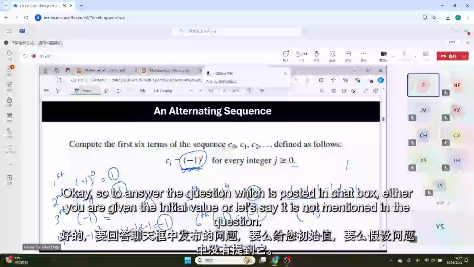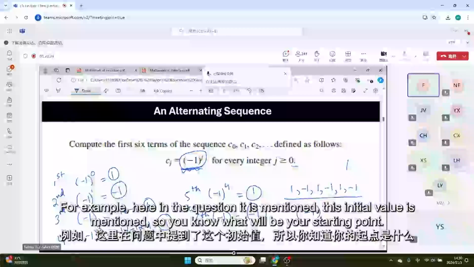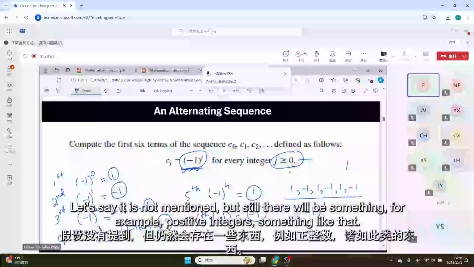Okay, so to answer the question which is posted in the chat box, either you are given the initial value, or let's say it is not mentioned in the question. For example, here in the question this initial value is mentioned, right? So you know what your starting point will be. Let's say it is not mentioned, but still there will be something, for example, positive integers.